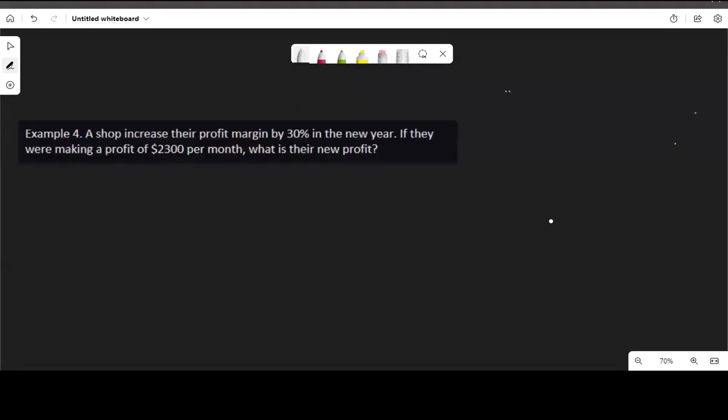Finally, we come to example 4, which says the shop increased their profit margin by 30% in the new year. That is 30% of the old profit. If they were making a profit of $2,300 per month, what is their new profit?